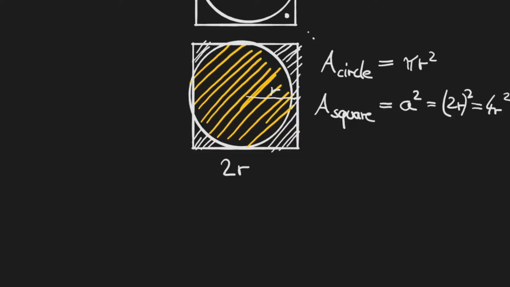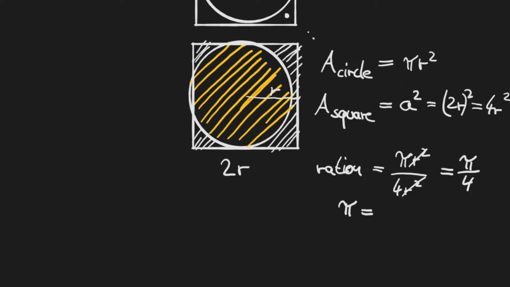If we would now calculate the ratio between the darts in the circle and the darts in the square, we would get pi r squared divided by 4r squared. The r squares cancel out and we get pi divided by 4. Now we could rearrange this formula so that pi is isolated on the one side. So just multiplying by 4 and we get pi is equal to ratio times 4.